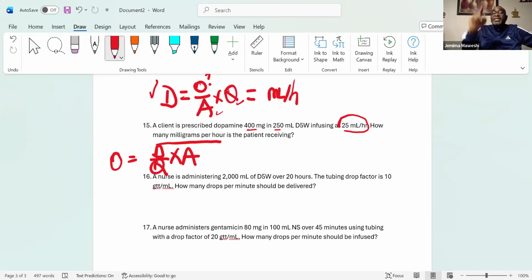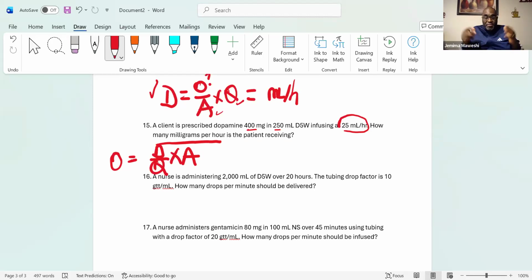You use a dosage formula only whenever you're looking for milliliter per hour when it comes to infusion rate. But if they give you infusion rate, you see that milliliter per hour, you need to open your eyes. So anytime you see milliliter per hour, boom, that is your infusion rate.